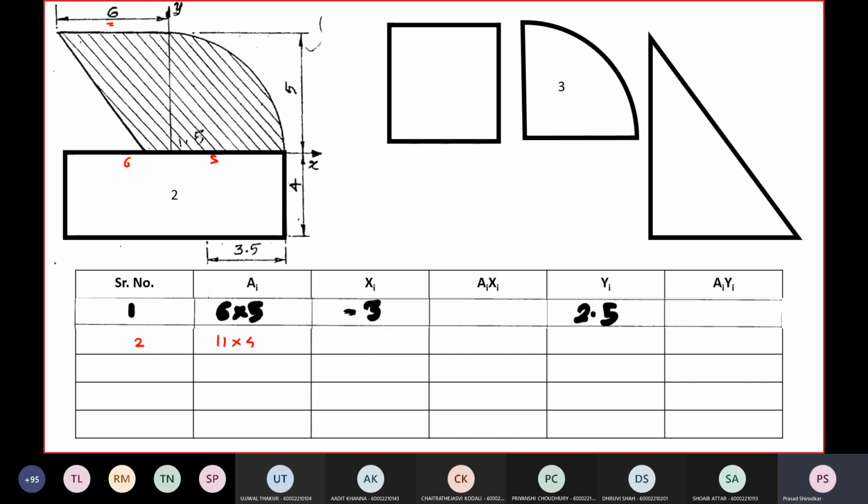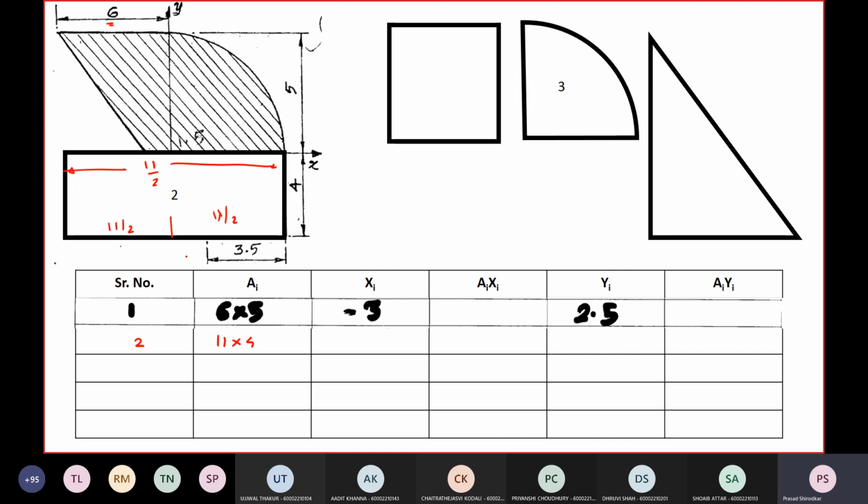And xi will be half of this 11, so 11 by 2, and this also will be 11 by 2.